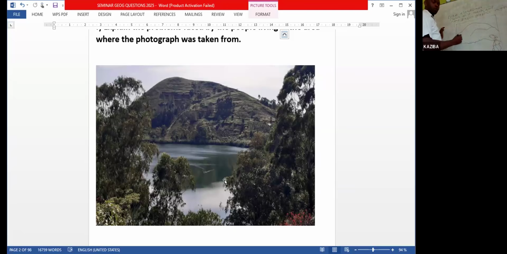So when they say physiographic region, of course, this is an upland region. This is a steeply sloping region. Because here we have a basin region.